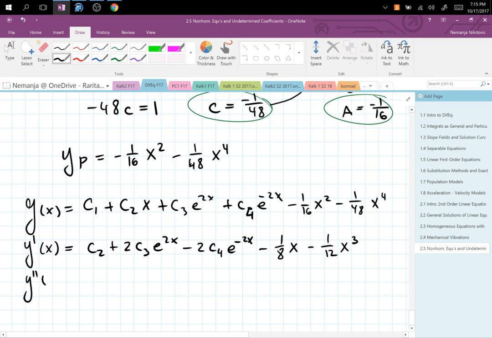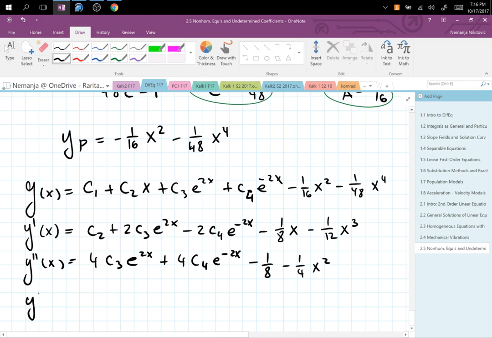The second derivative, that dies, 4C3e^2x plus 4C4e^(negative 2x) minus 1 over 8, and then this part over here, 3 cancels, negative 1/4 x squared. And the third derivative is equal to 8C3e^2x minus 8C4e^(negative 2x). That dies, minus 1/2 x.